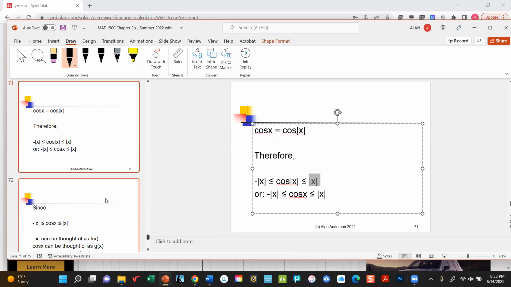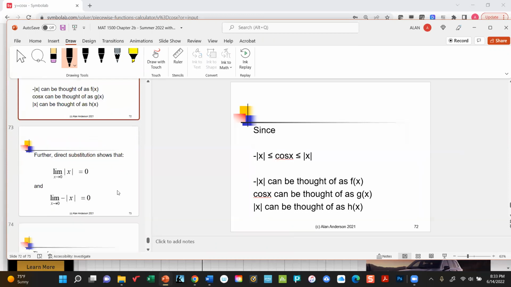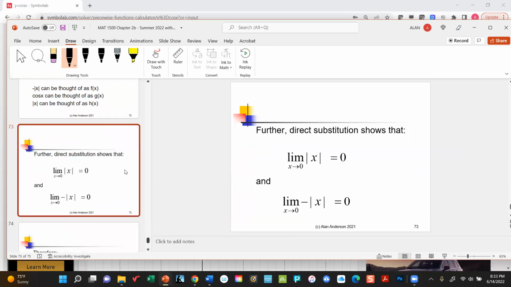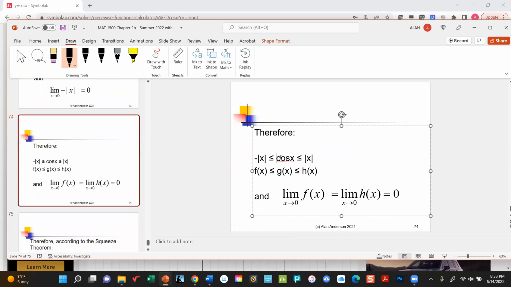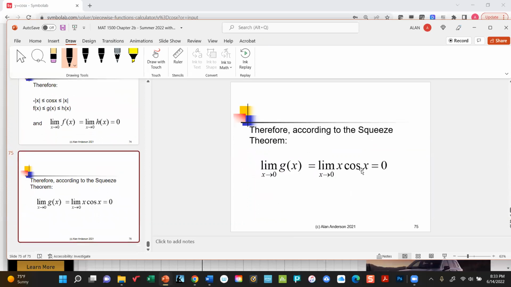And that being the case, we think of this as our f of x, our g of x, and our h of x. And we solve for the limits of these two absolute values, they're both zero as x approaches 0. That guarantees that the limit of cosine of x is also 0. And so therefore, when we plug that into this formula, we're guaranteed to get a 0.